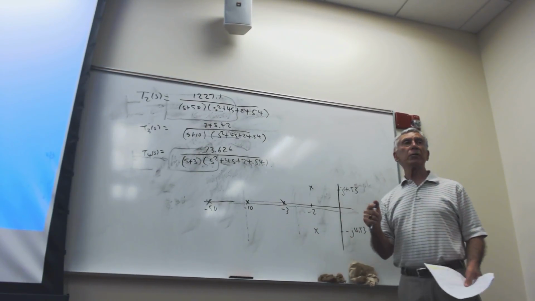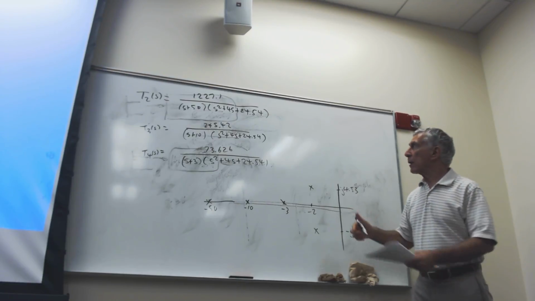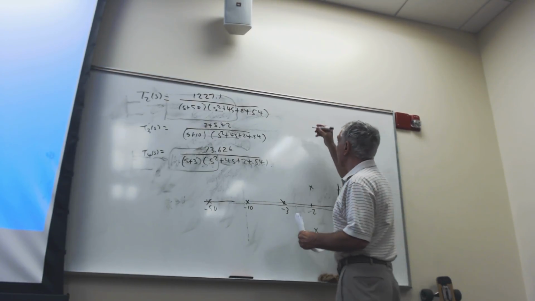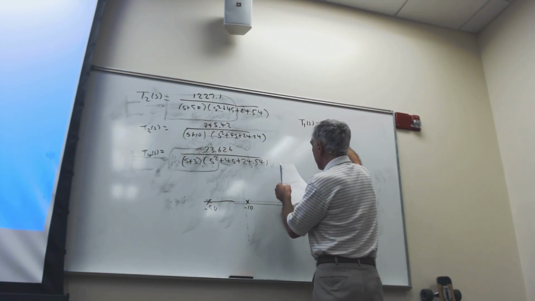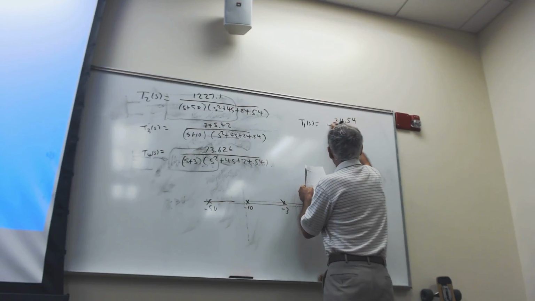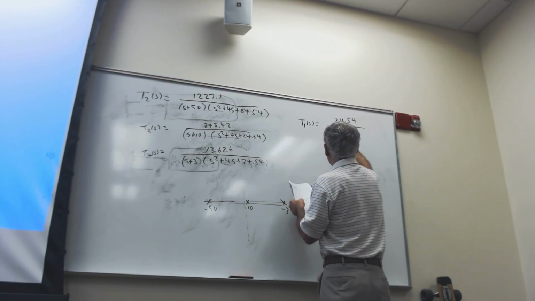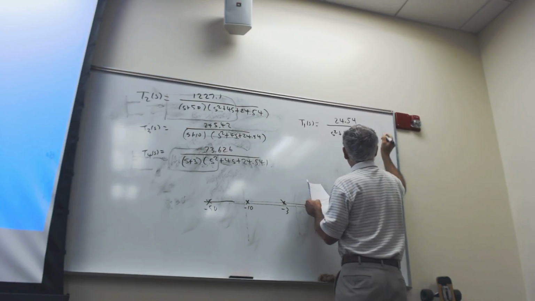And so the question is, which one of these transfer functions do you think can be well approximated by T1 of S, where T1 of S is equal to 24.54 divided by the quadratic S squared plus 4S plus 24.54?